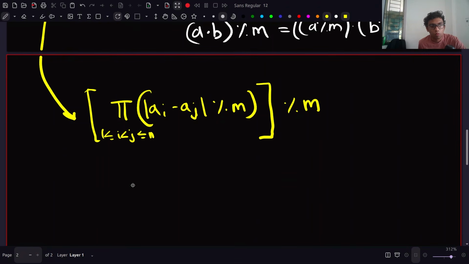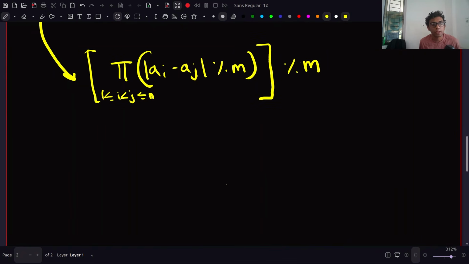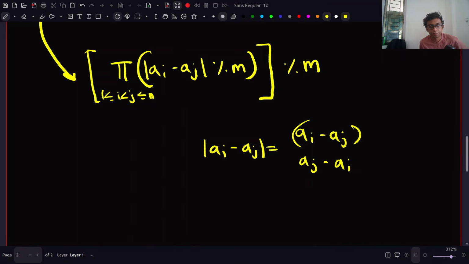Now, one more thing we can do is we can distribute inside this absolute difference as well. And the simple reason for that is, this absolute difference is equal to one of two things, right? It's equal to ai minus aj, or it's equal to aj minus ai. In both cases, if we were to take mod m, then we can simply use the subtraction property over here. Like mod m distributes over subtraction as well, right?